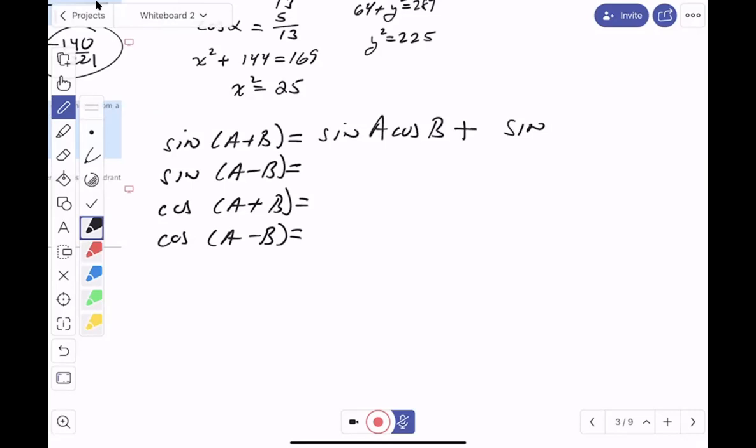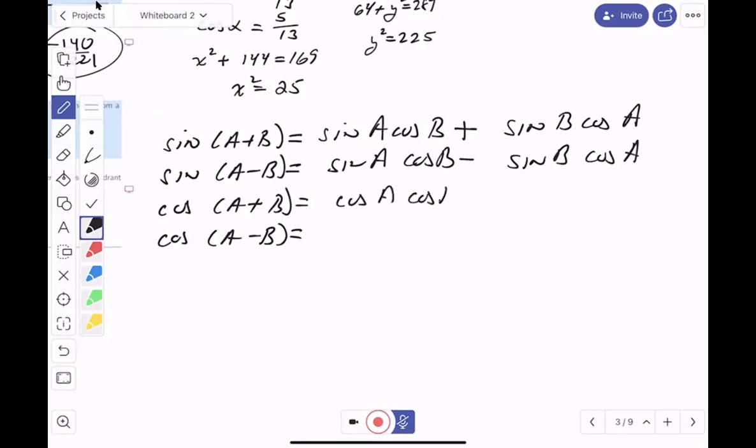Sine B cosine A. Sine A cosine B minus sine B cosine A. This one's going to be, let's say, cosine A cosine B minus sine A sine B. This one's going to be cosine A cosine B plus sine A sine B.